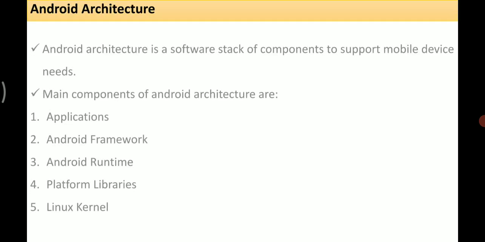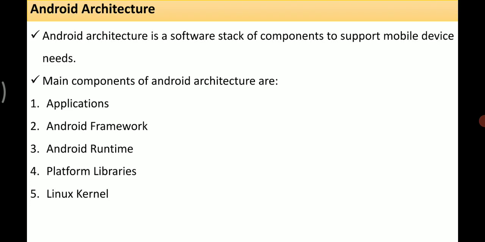First we'll see what an Android architecture is. Android architecture is a software stack of components to support mobile device needs. Android software stack consists of a Linux kernel, collection of C or C++ libraries which are exposed through an application framework, services, runtime and application.